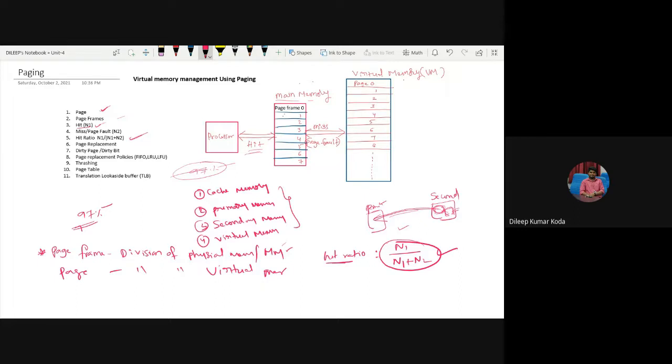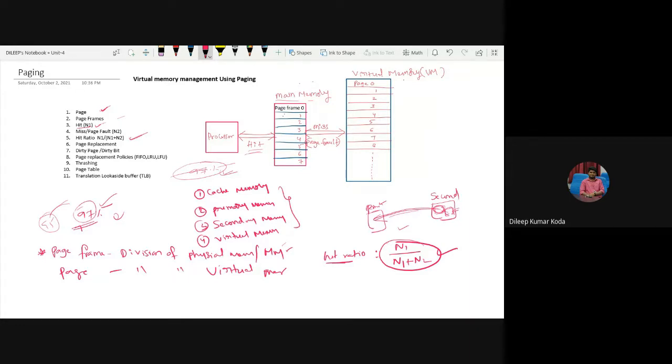All modern processors, like your Pentium processor, have more than 97 percent hit ratio, which is a healthy hit ratio. Whenever the hit ratio falls below 95 percent, it's said to be a bad hit ratio.